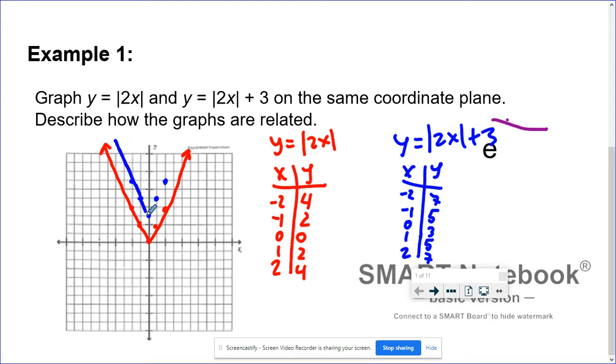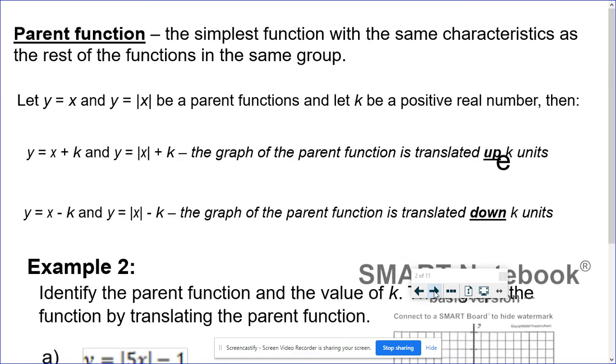And when I go ahead and draw it, it is the exact same shape, just shifted or translated up 3. So the effect that that plus 3 had was it moved it up 3. That's a rule that will happen every single time.